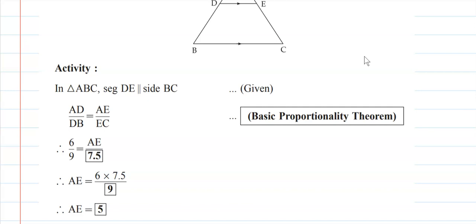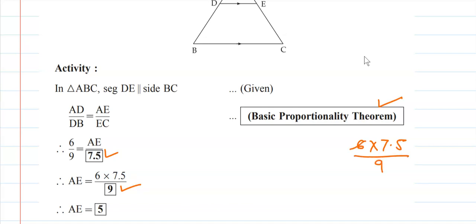Okay, so you can see the answers here. First, basic proportionality theorem. Next, the value of EC. And the next, AE is equal to 6 into 7.5 upon 9. Here you will get credit. And here the multiplication is easy, so you can do it on the side. 6 into 7.5 upon 9.